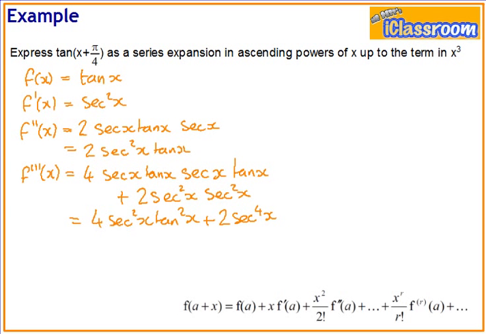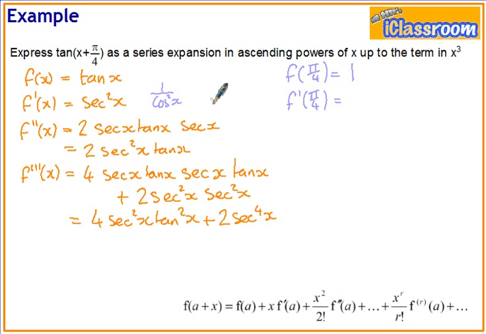My next step, of course, is to evaluate these derivatives and functions. So the first one will be f of pi by 4, which gives me 1. F prime of pi by 4 gives me, well, sec squared I know is 1 over cosine squared x, so this will be cosine evaluated at pi by 4.